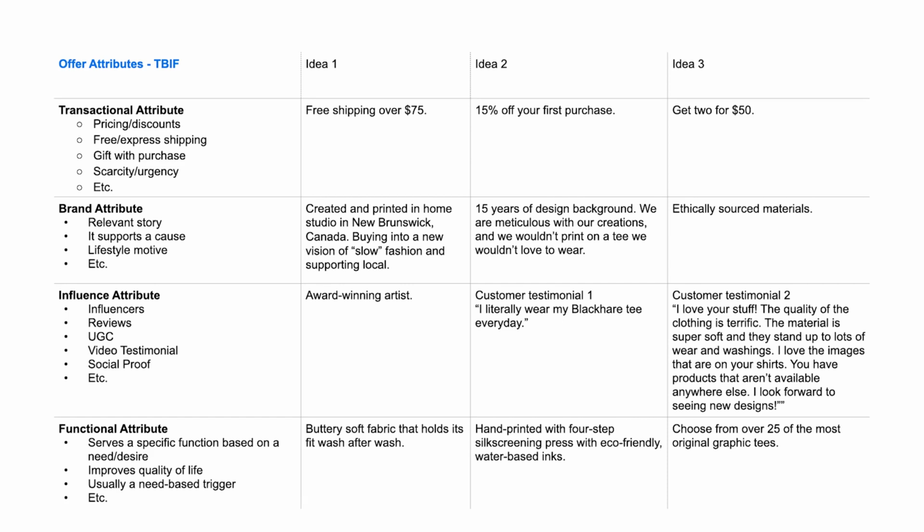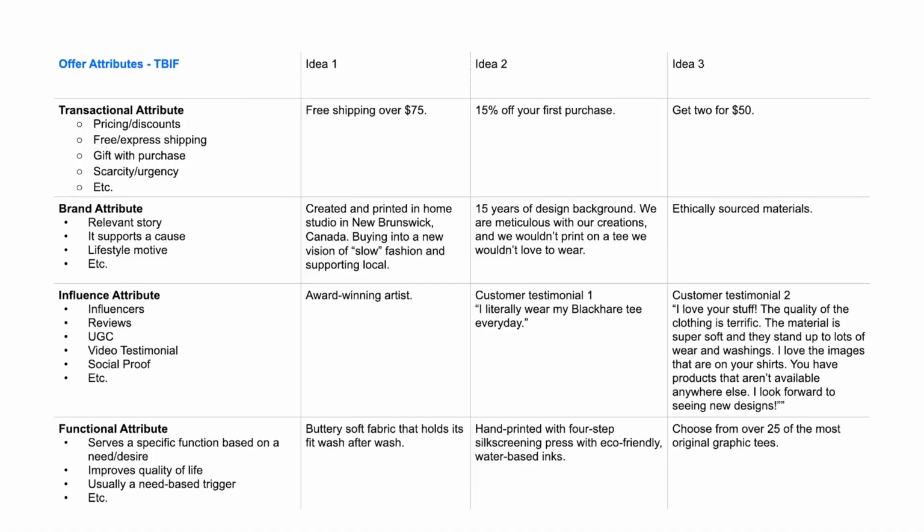Then they had the influence attributes where we talked about how Nick Chase was an award-winning artist and we included some customer testimonials. And then you remember we fleshed out the functional attributes where we talked about their buttery soft fabrics that hold the fit wash after wash. We talked about their hand-printed process with the 4-step silk screening press and the eco-friendly water-based inks. So you'll remember that we fleshed all these out.